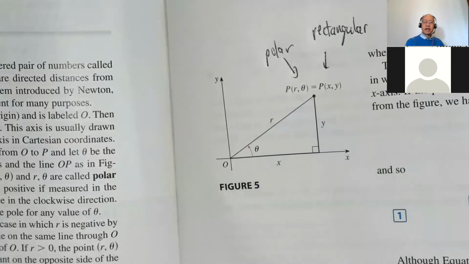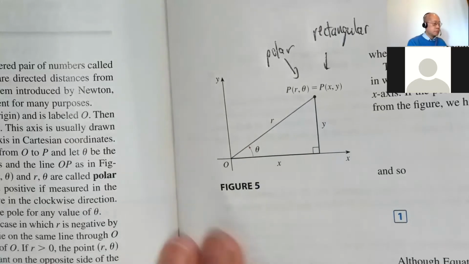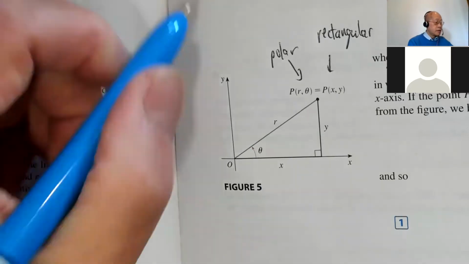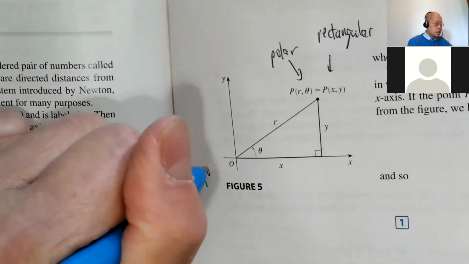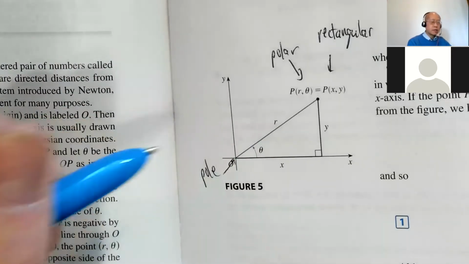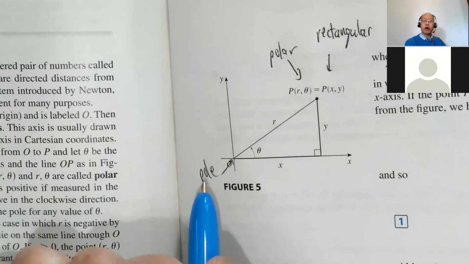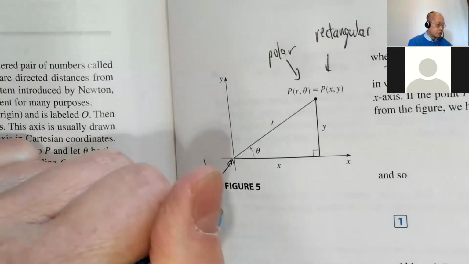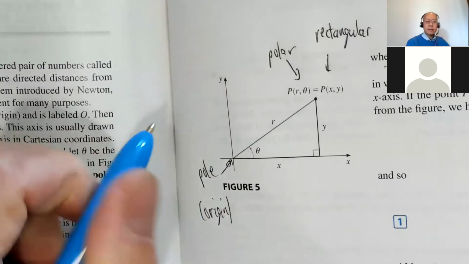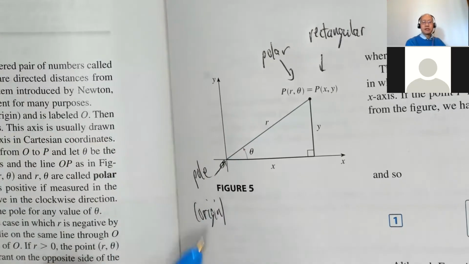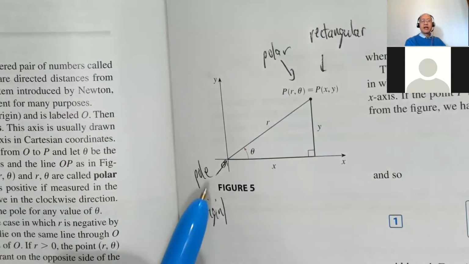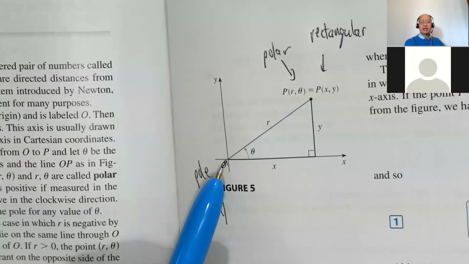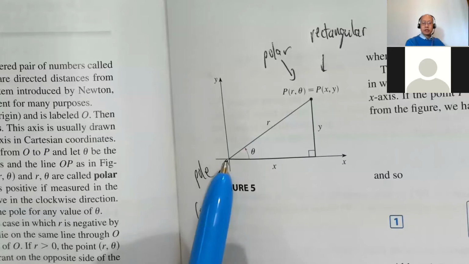That labels any given point. A little bit of terminology. In polar coordinates, the origin is now called the pole, technically. It's really the same thing as the origin, and I'm not going to take off points just because you don't call it the pole. But very technically, in polar coordinates, the origin is called the pole, P-O-L-E.